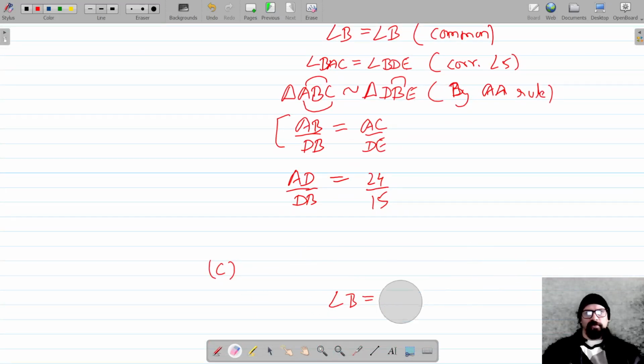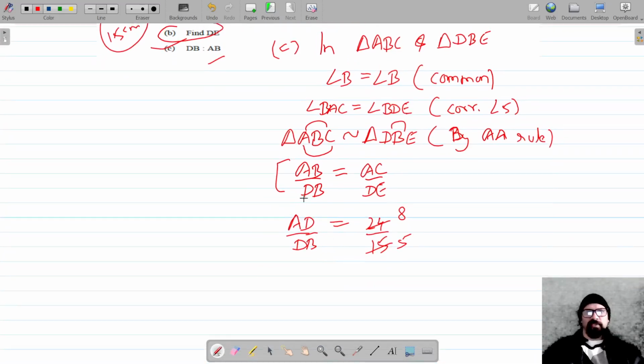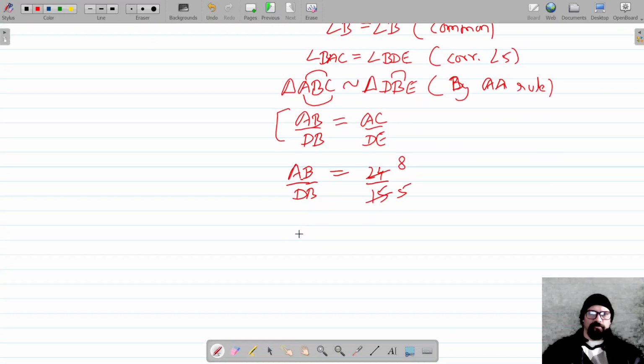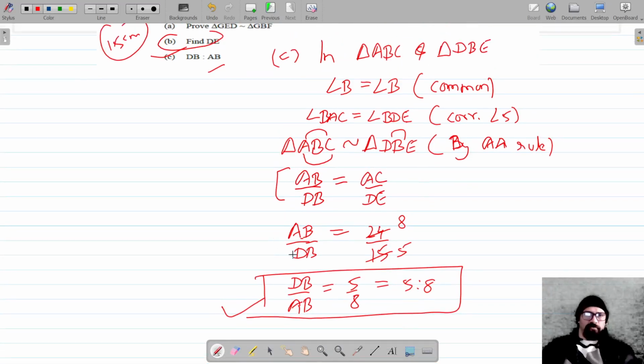So this is 24 by 15, which gives 8 by 5, since 3 fives are 15 and 3 eights are 24. But we have to find DB is to AB. So DB is to AB is equal to 5 by 8, which is 5 is to 8. So the required ratio of DB to AB is 5 is to 8.